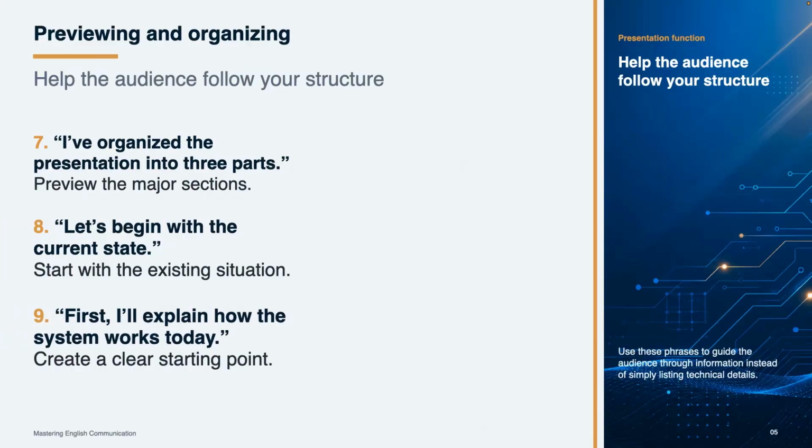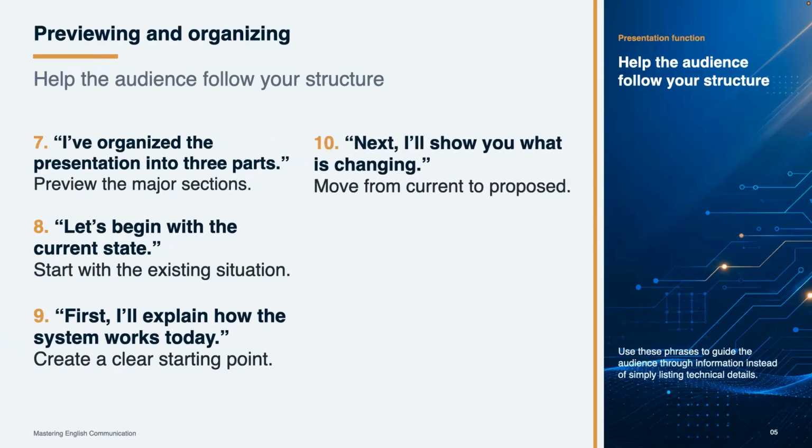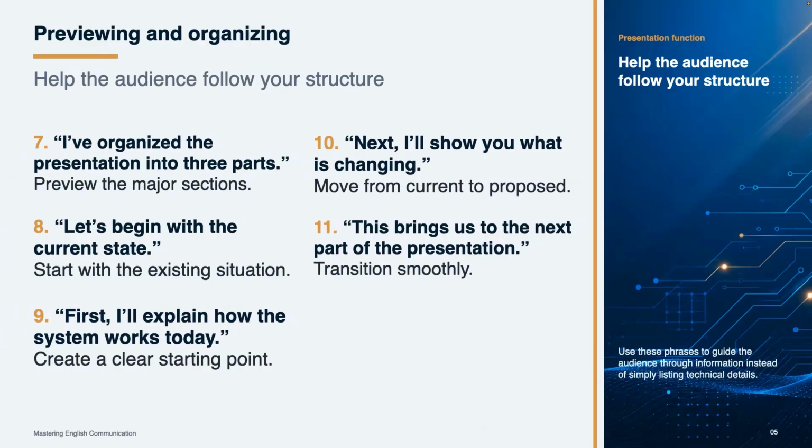First, I'll explain how the system works today. Create a clear starting point. Next, I'll show you what is changing. You move from current to proposed. This brings us to the next part of the presentation. This is a transition that moves smoothly.